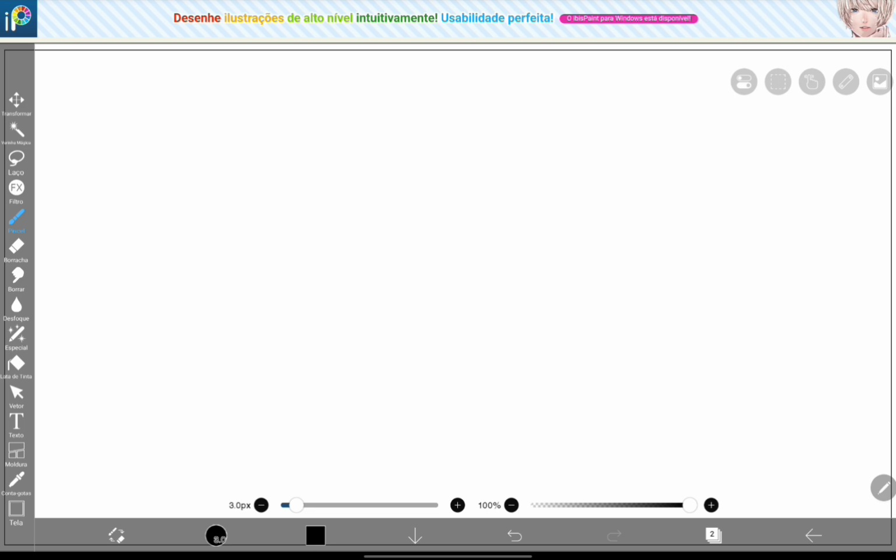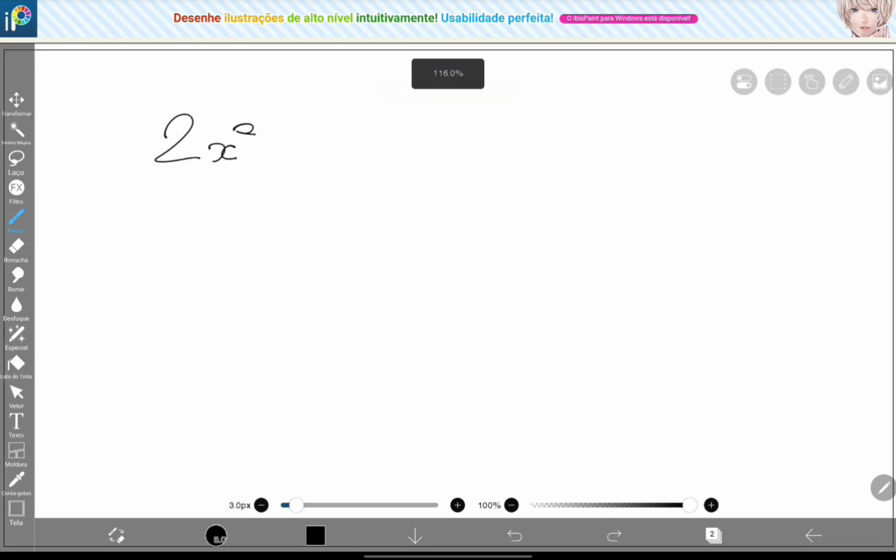So quadratic functions, they are this. For example, let's imagine this is a function, by the way, but it's a quadratic function.